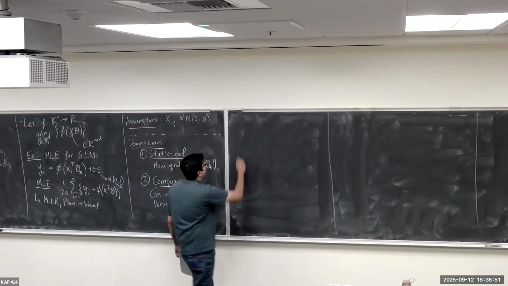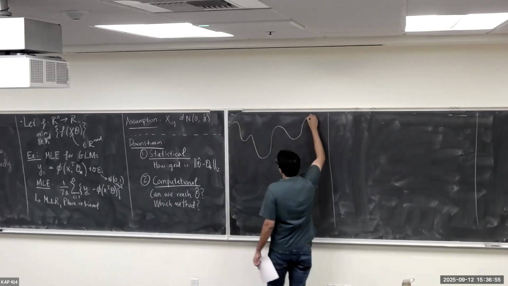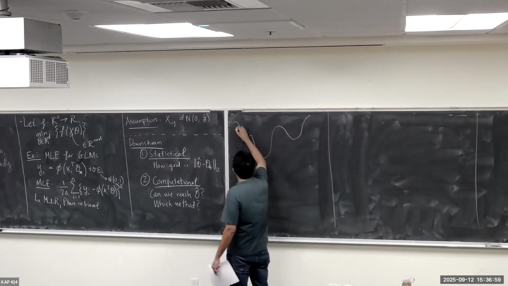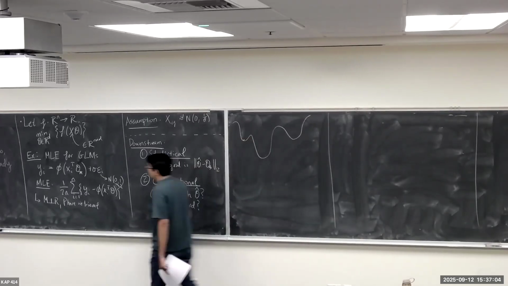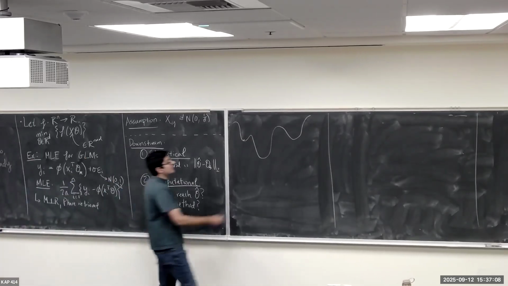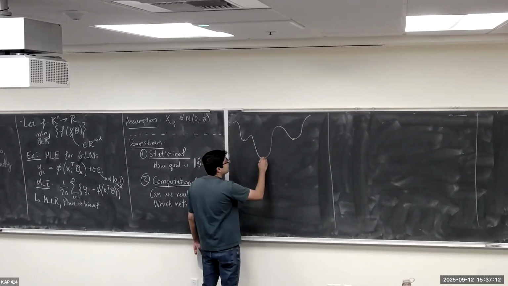So just to sketch why this might be non-trivial, if this is the loss function we're trying to minimize, it could be the case that whatever algorithm we use converges to this local minimum. We could have another algorithm that converges to this one, and another one that converges to this.